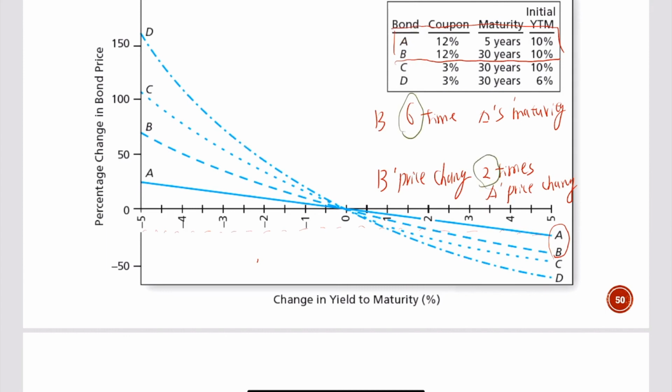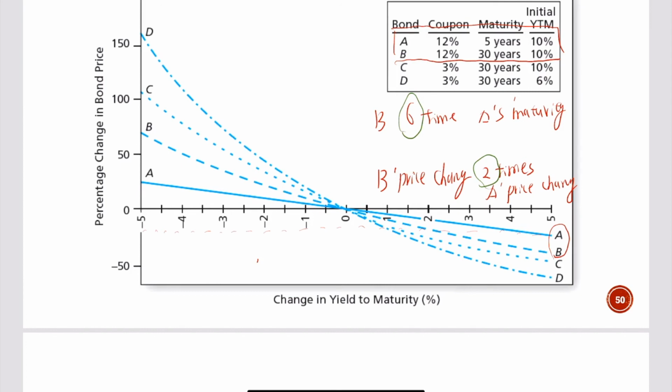So basically it says that the difference in bond price change due to interest rate change is smaller compared with the difference in the maturities, right?